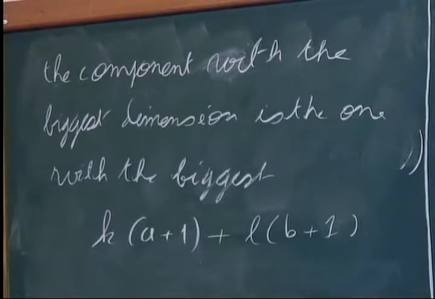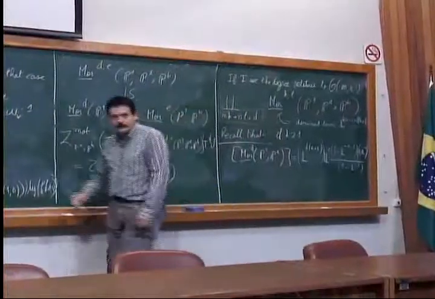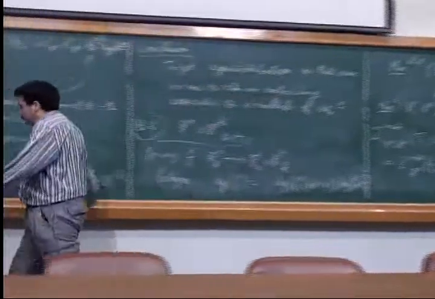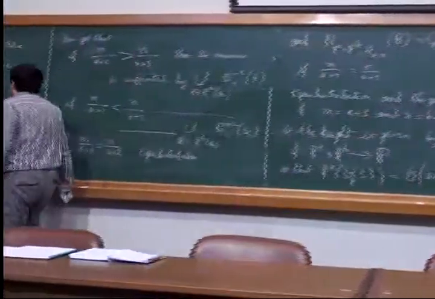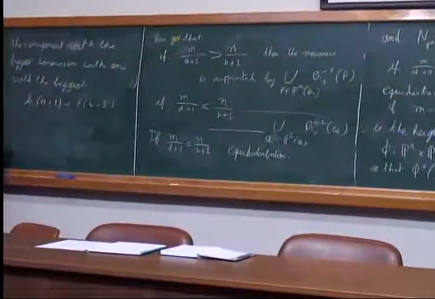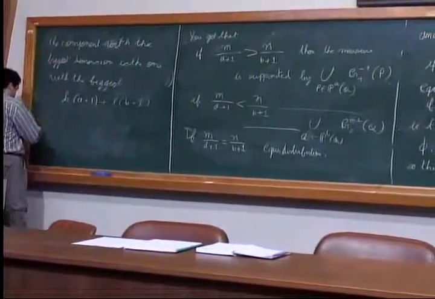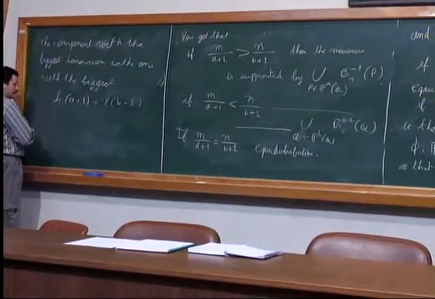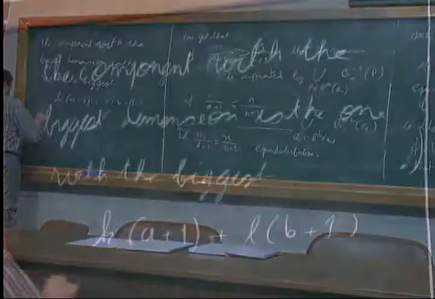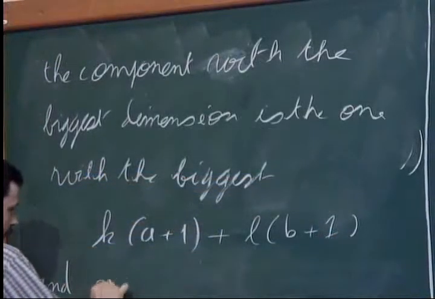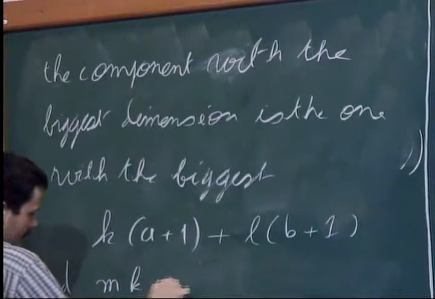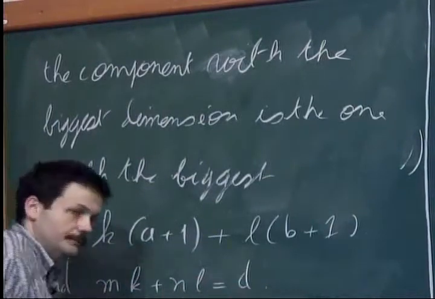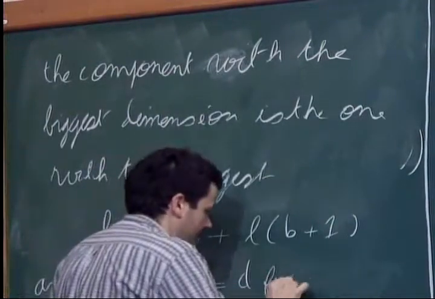Okay, but I have this condition: Mk plus Nl is supposed to be equal to D. So Mk plus Nl is equal to D, which is fixed.